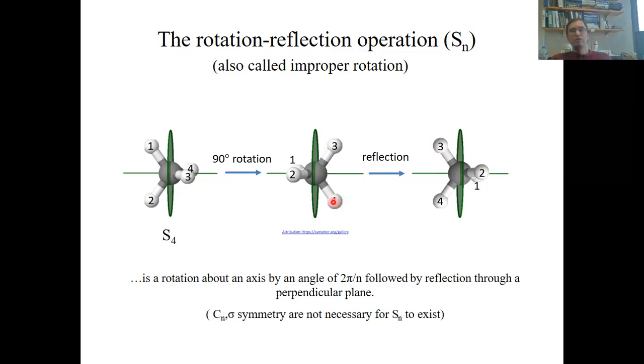And atom 4 will move through that mirror plane to the other side, now being in this position. So now we see that the object that we have created here can be superimposed with the original object. Therefore, our symmetry operation is complete and valid. Okay?